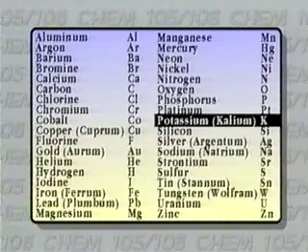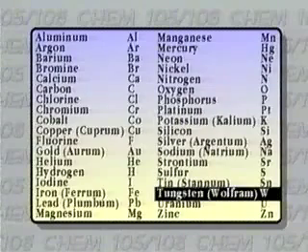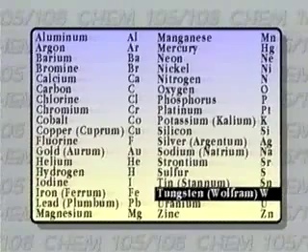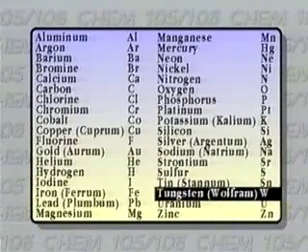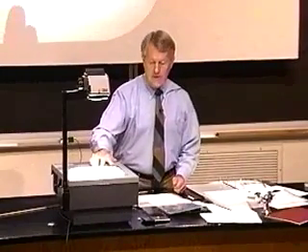All right, wolfram, down here, tungsten, as it's called, was from the German Wolfram, and thus the symbol W. So you need to begin working on those symbols, as I said. You're responsible for that, and we'll probably have a little quiz on that one of these days real soon. So begin working on that.